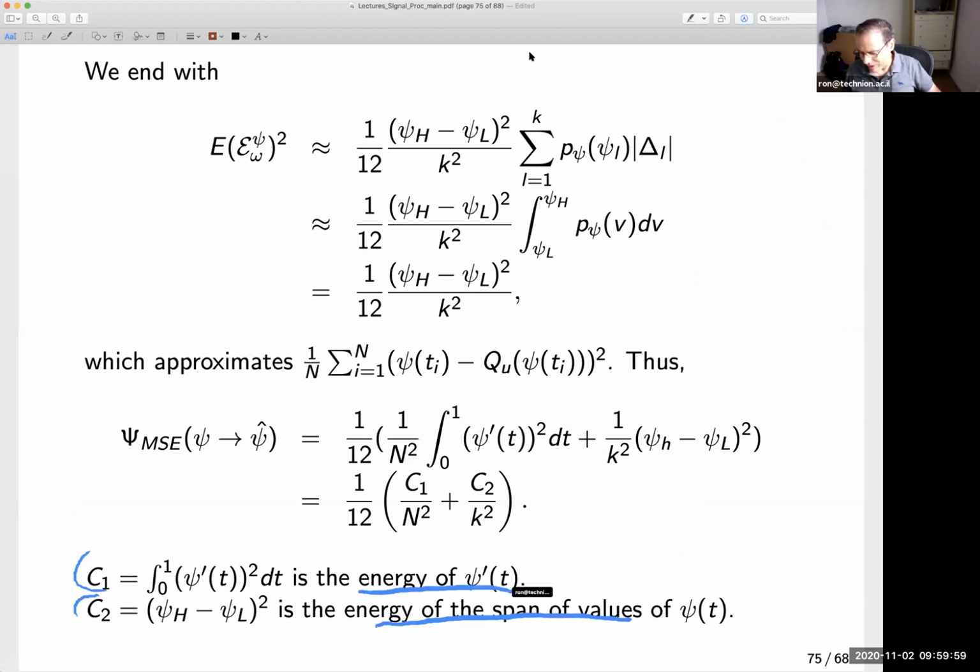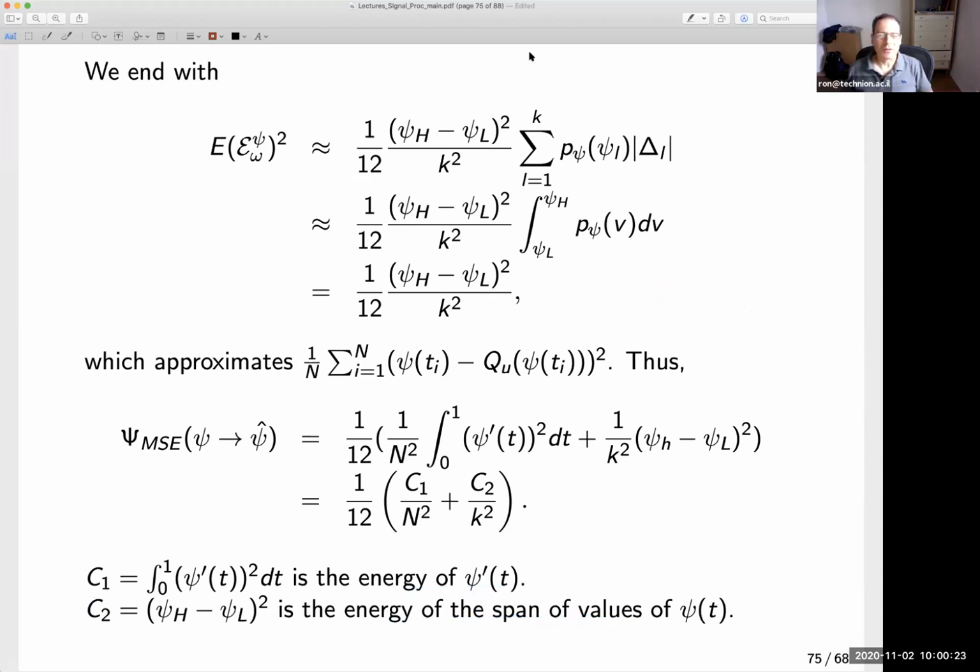So the number of bits that you would have to distribute here would probably depend heavily on the smoothness of the function, and the number of bits that you would have to distribute here would depend heavily on how far phi L is from phi I. How large is this interval? And they compete obviously with one another.